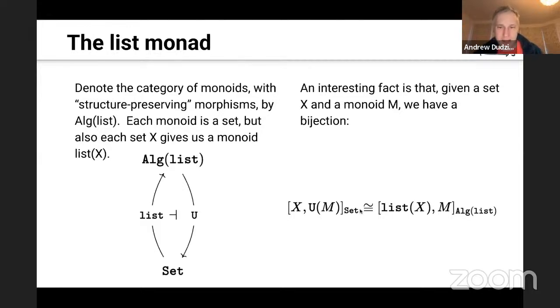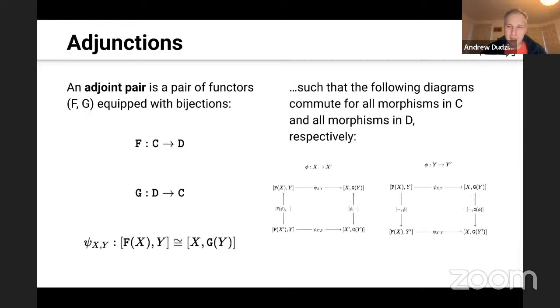And this key property, this is the notion of adjoint functors. This is going to come up a lot. So basically, maps out of list are the same as maps into U. I'm going to give this definition here, and don't worry, because you mostly only need to pay attention to the left side.